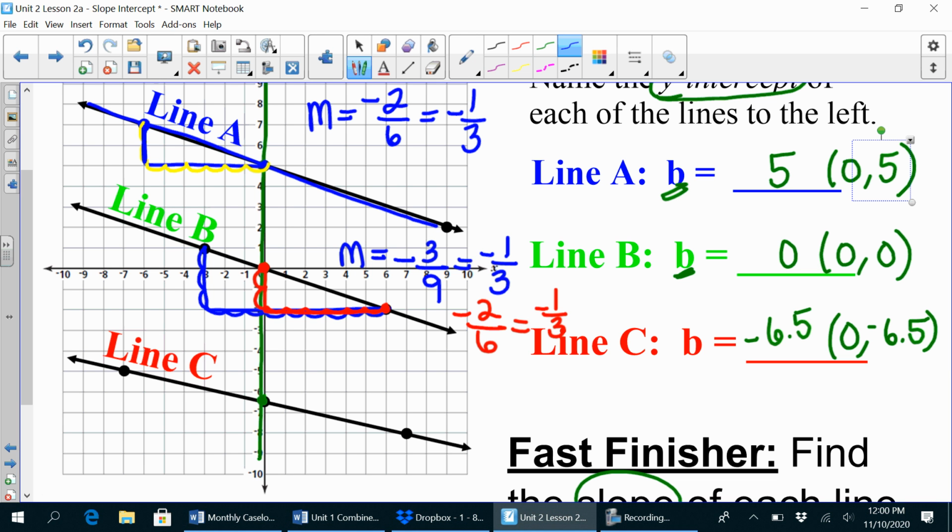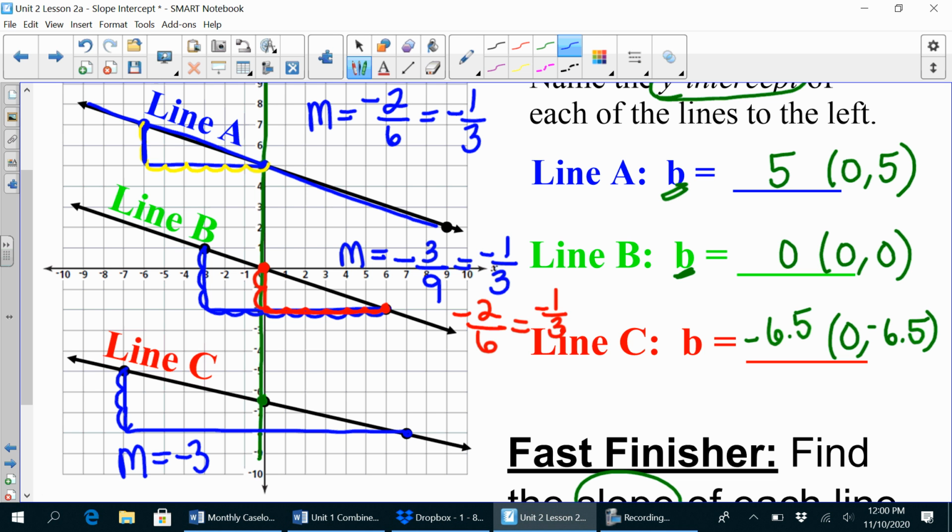So now let's look at line C. Again, we're going down. Okay? And I'm going to go all the way down and then across. 1, 2, 3. So m equals, I have -3.